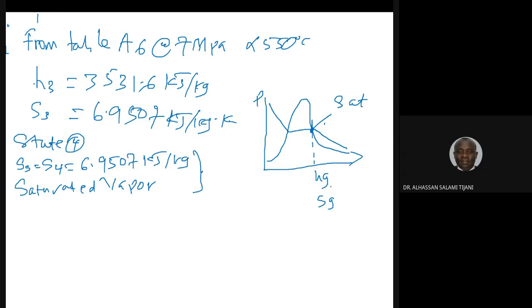That we need to determine. So cleverly, we will go to the property table and select a range.